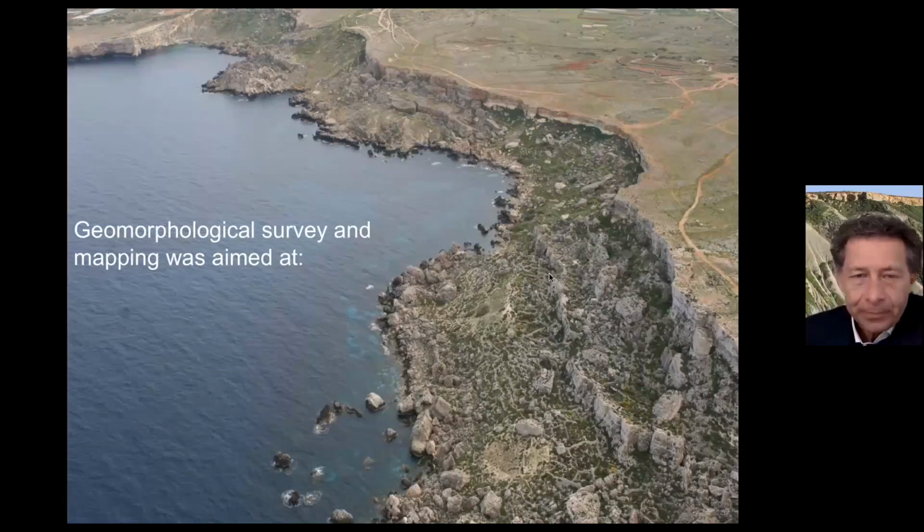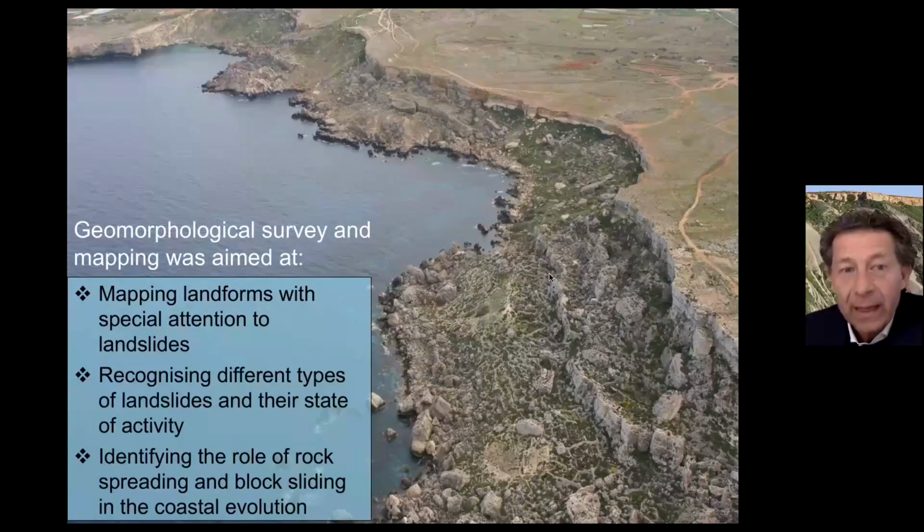Geomorphological survey and mapping was finally aimed at mapping landforms, all types of landforms, but with, of course, special attention to landslides. Recognizing different types of landslide and their state of activity was fundamental, and this information was reported in the geomorphological maps. And we also wanted to understand the role of rock spreading and block sliding in the coastal evolution, since we understood from the beginning that this was one of the major issues that have to be considered.